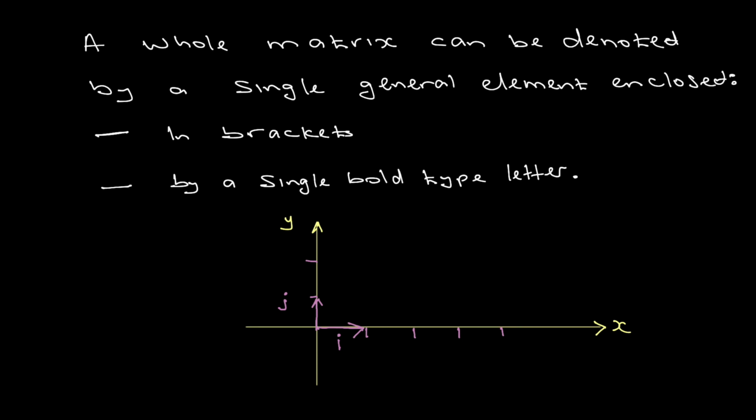Again, that's a unit vector in the y direction, and that would be a unit vector in the x direction. Naturally, you write coordinates x, y, and this will be i and j in terms of matrix and vector.